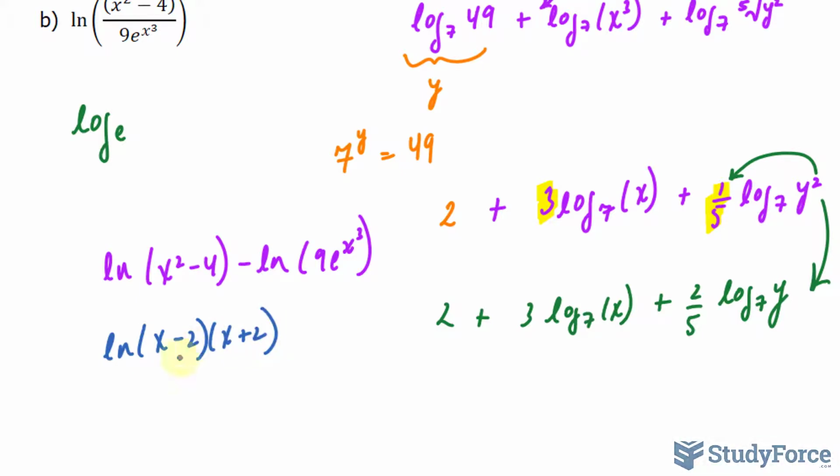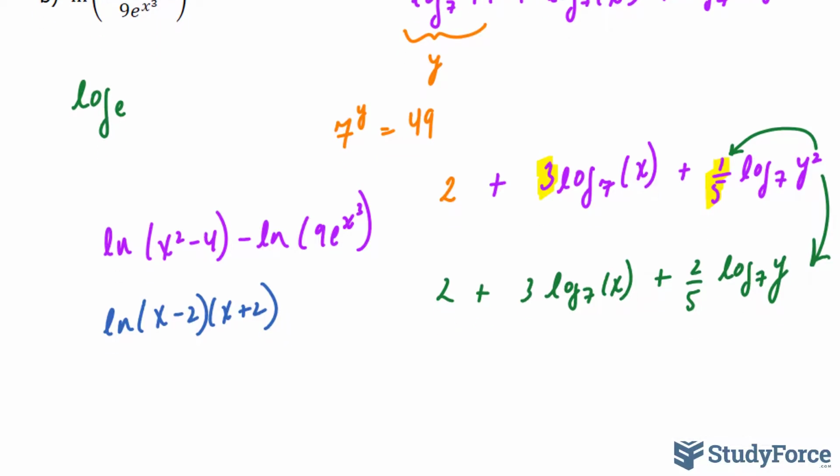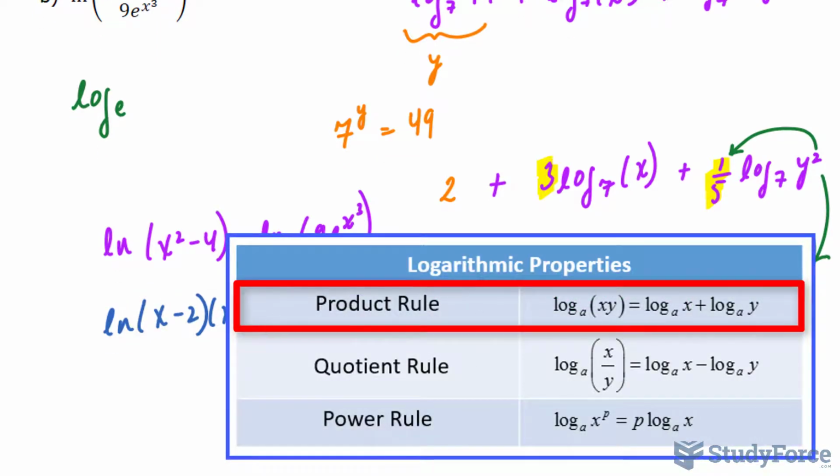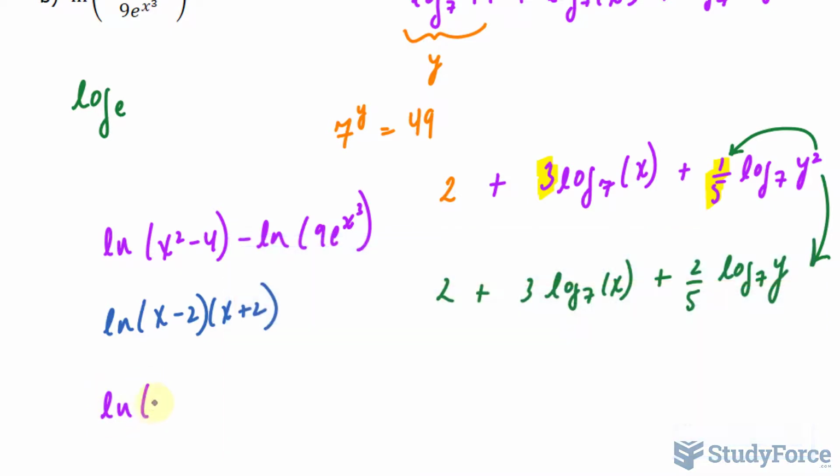That's significant for us because that's a product, and we can use the logarithm law to break this down into a sum. So we have ln of x minus 2 plus ln of x plus 2. So this new expression right here replaces this one.